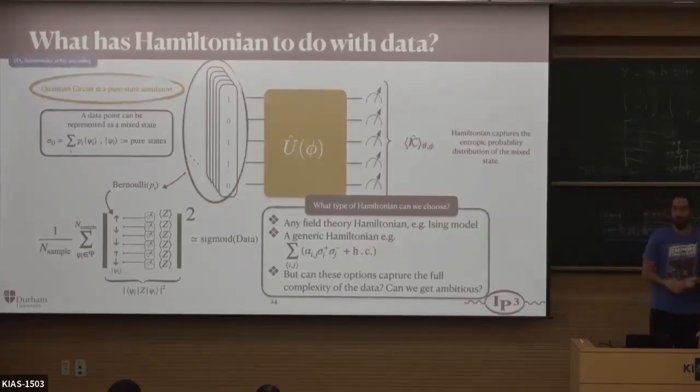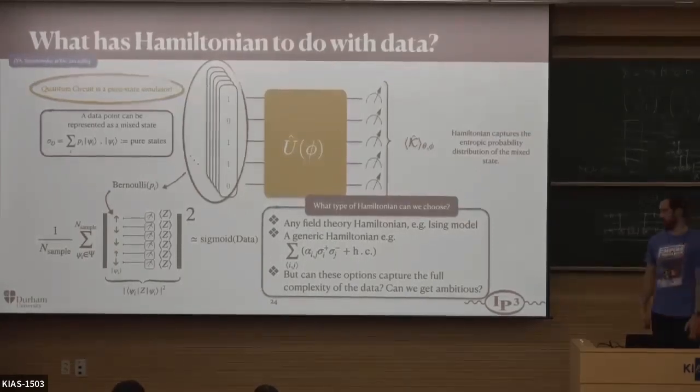The problem is, I don't know if this approach will give me the entire correlation structure of my data. The Hamiltonian should capture the entropic probability distribution of my initial data, and just Pauli Z may or may not, depending on your data, give this correlation structure.